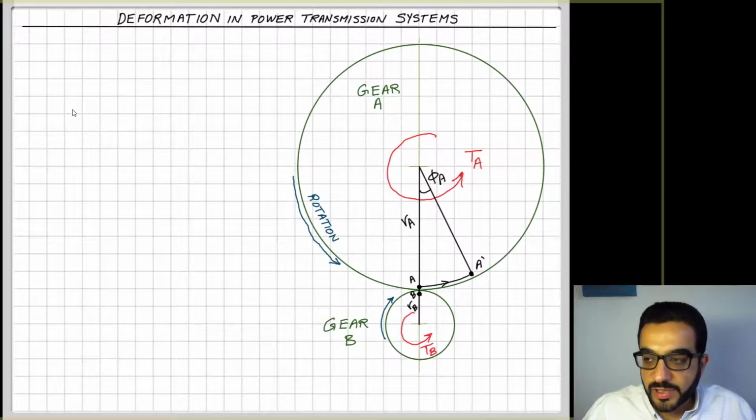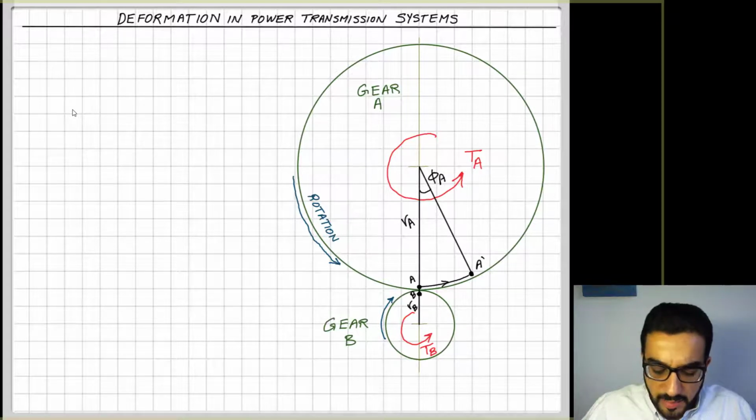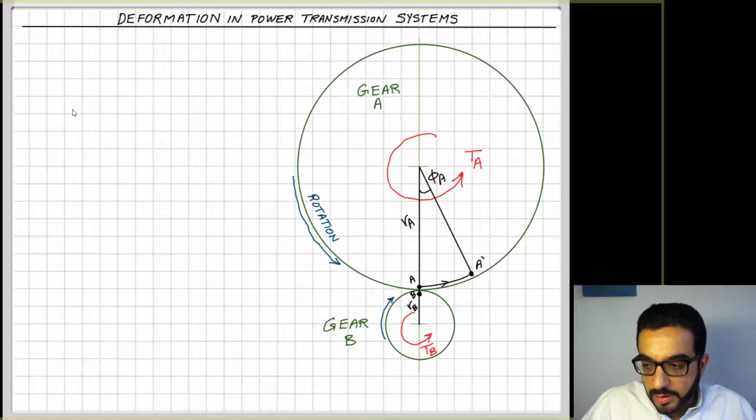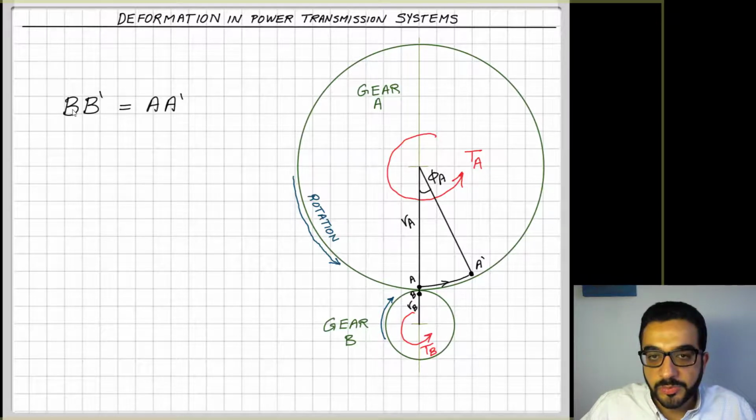If this happens at gear A, and point A was meeting with point B at that interface, and A moves that distance to A prime, the movement of B prime should also be equal.